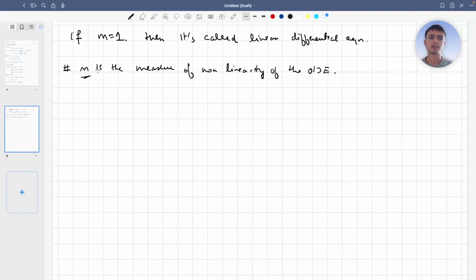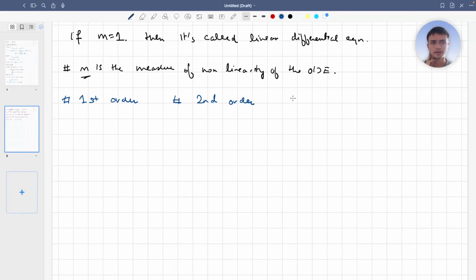Let's move ahead. In this course we'll study a lot of things. We will study mainly solving differential equations of the first order and the second order. It is precisely our goal.